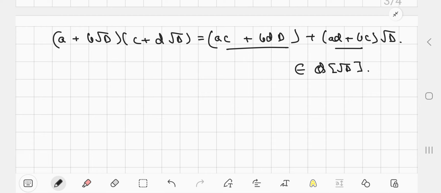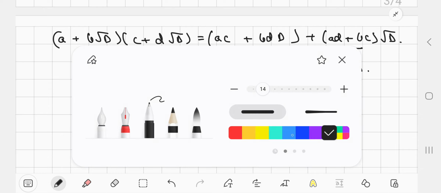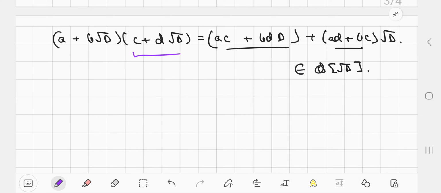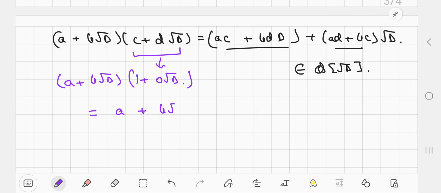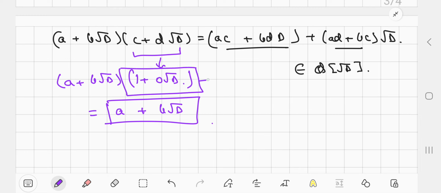Furthermore, observe what we can say about the identity in terms of this multiplication. What if I consider C plus d root D to be 1 plus 0 root D, then what should A plus B root D times this be? Surely, A times 1 and the other part becomes 0, plus here we have B times root D and this part becomes 0, so I have A plus B root D. The other order will also come out the same, so it surely has a multiplicative identity.